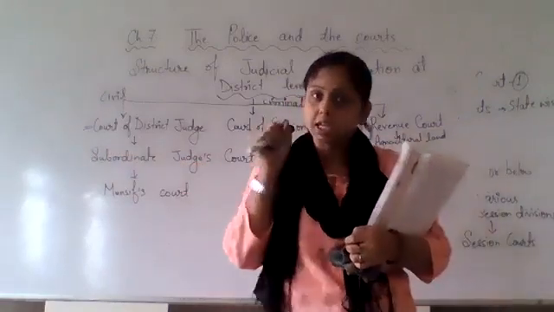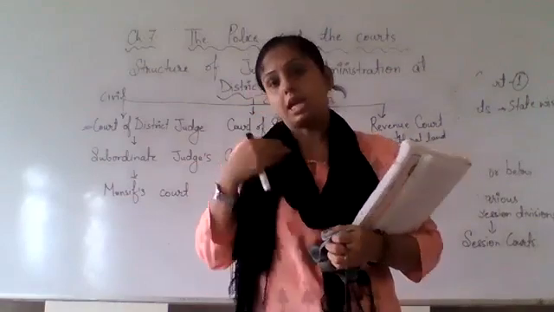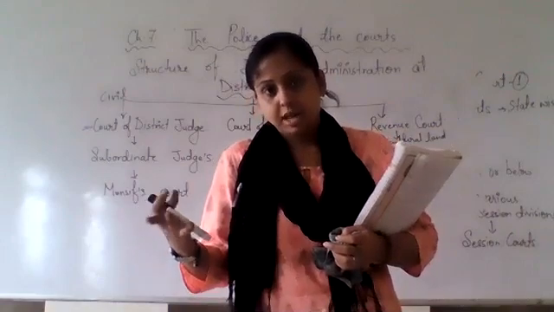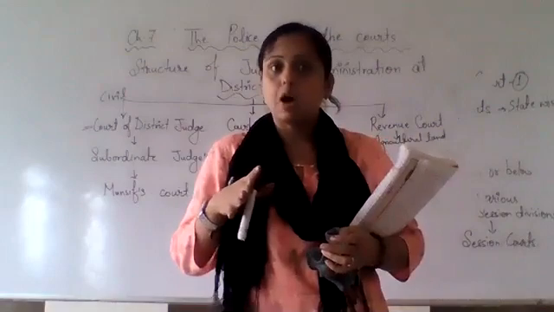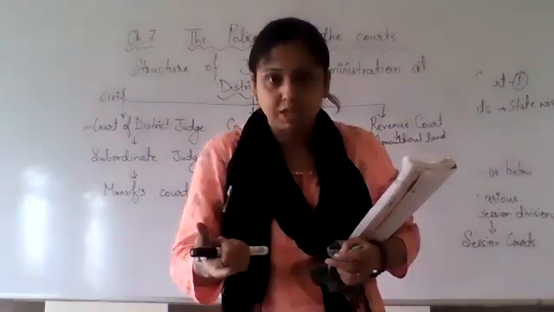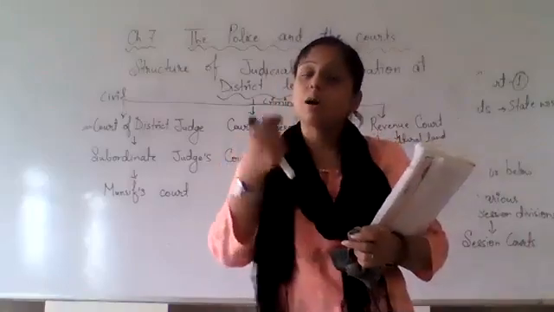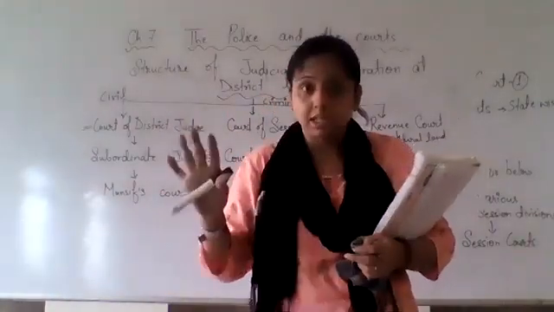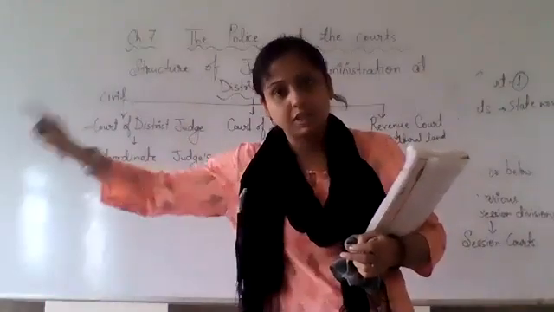Criminal court is where those cases go in which there has been assault, any kind of violence, or any kind of punishment has been given. If we want to punish someone, we will go to criminal court. And if I want money, then I will go to the civil court.